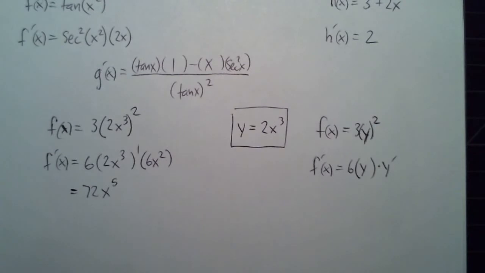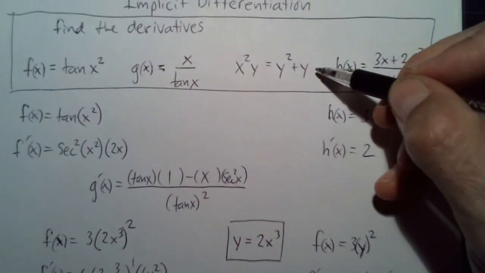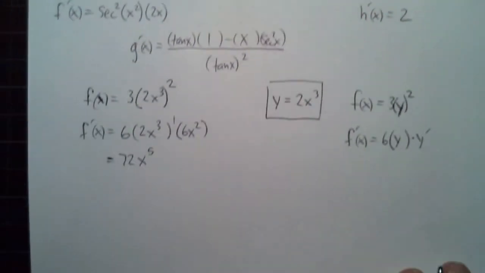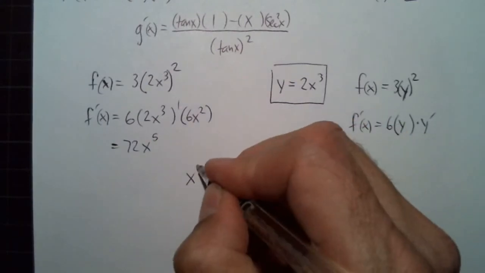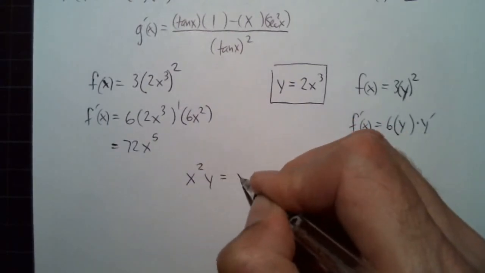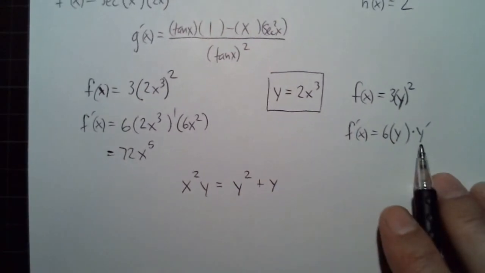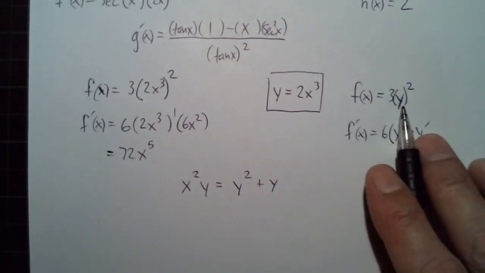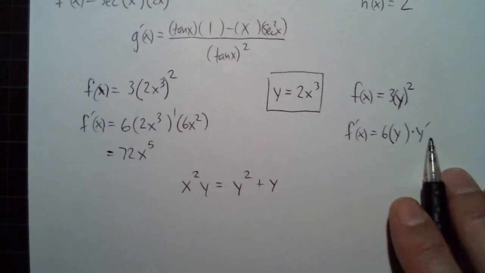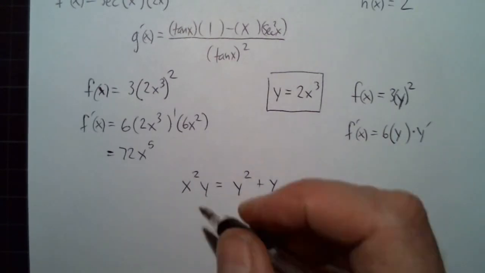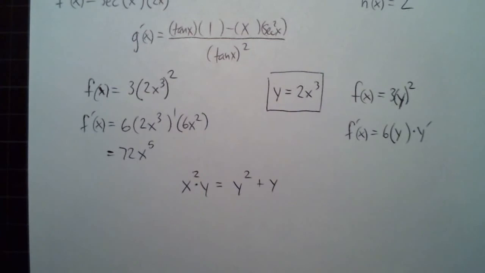So now let's see how to do the equation there. All we have to remember from this is that if we ever take the derivative of y, then we'll also multiply by y prime. And now we see that there's a product there. We'll need the product rule.